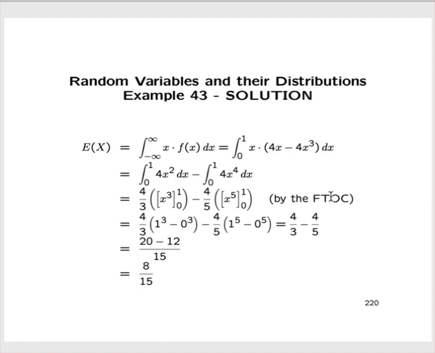We also use the fundamental theorem of calculus to calculate the resulting integrals by finding the antiderivative of each, and then evaluating those antiderivatives at the upper and lower endpoints of integration, and then taking the difference. And so when we go through these calculations, we see that the mean of this distribution, the expected value of x, is 8 over 15.